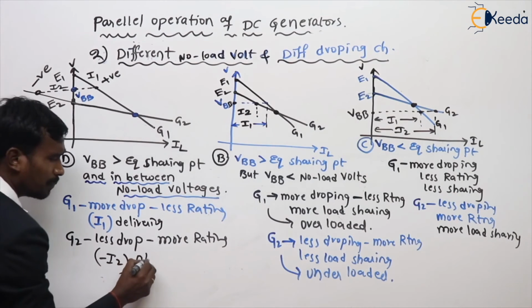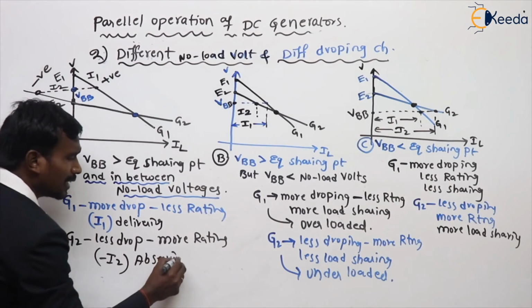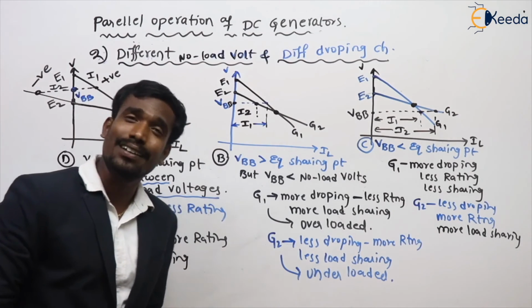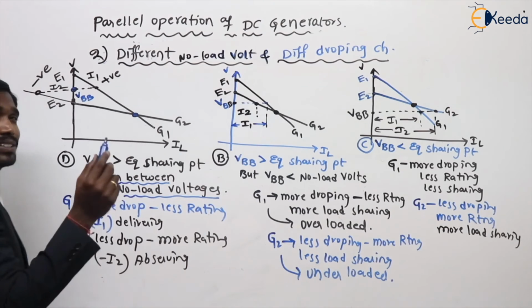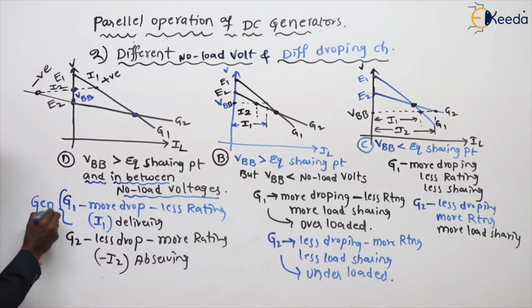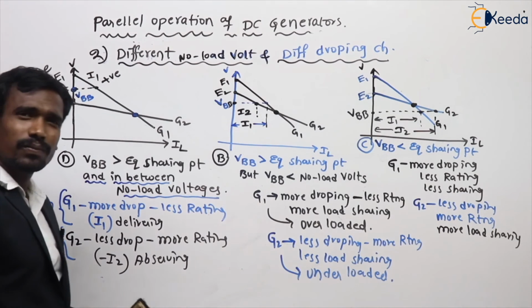Minus I2 is nothing but observing the current. Observing is nothing but the motor, delivering is nothing but the generator. Machine 1 acts as a generator, machine 2 acts as a motor.